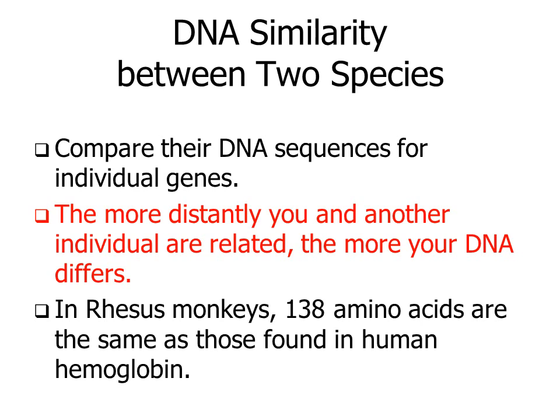We can measure the DNA similarity between 2 species by comparing their DNA sequences for individual genes. Okay, so if you were to compare the hemoglobin DNA sequence, so hemoglobin is a protein, DNA is the recipe for it.